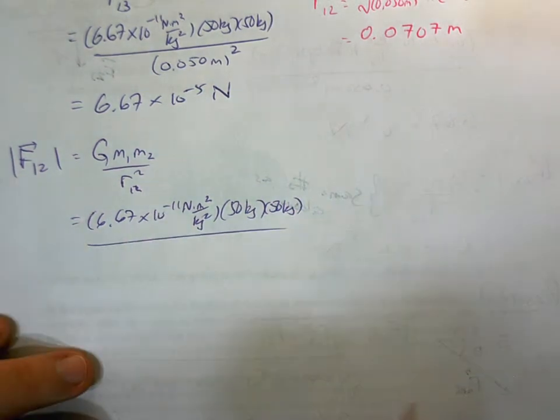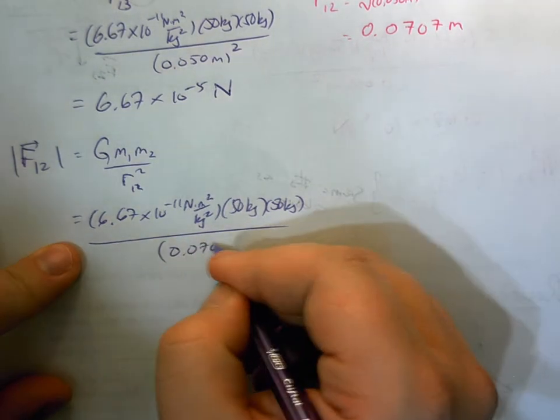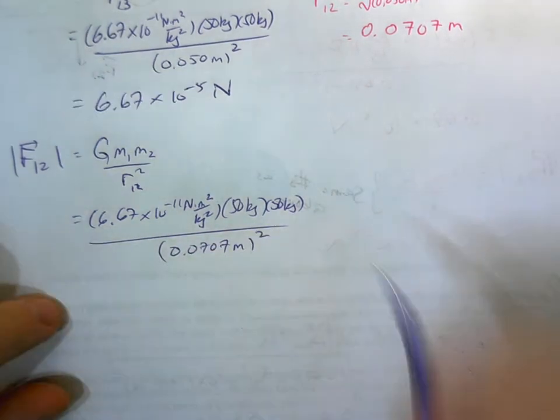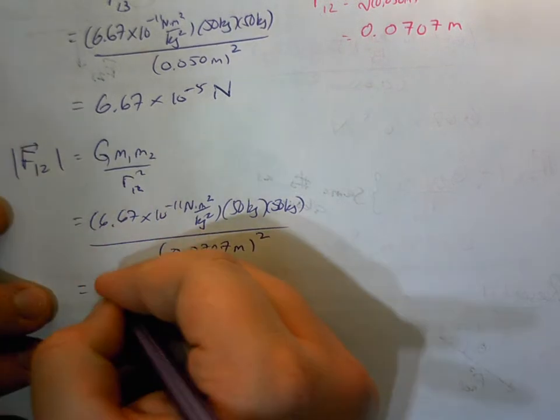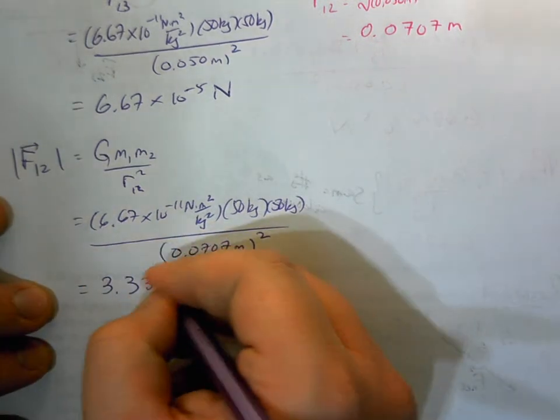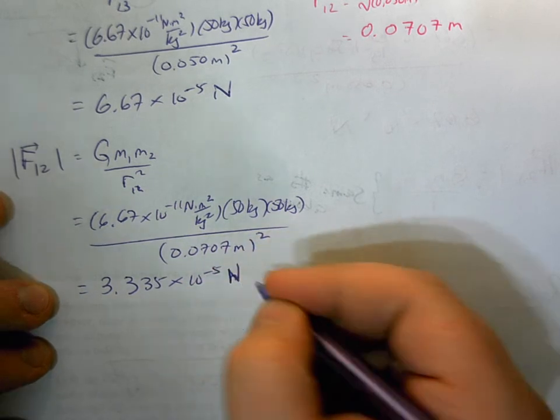And this time we got that 0.0707 meters squared. Divided by that squared. So we'll get about 3.335 times 10 to the minus 5 newtons.